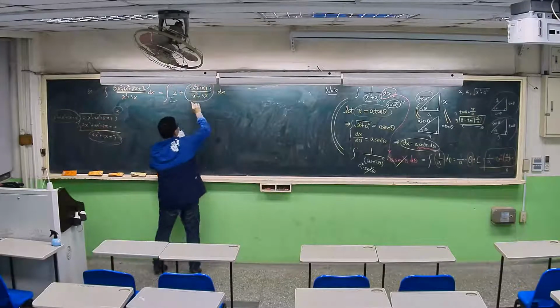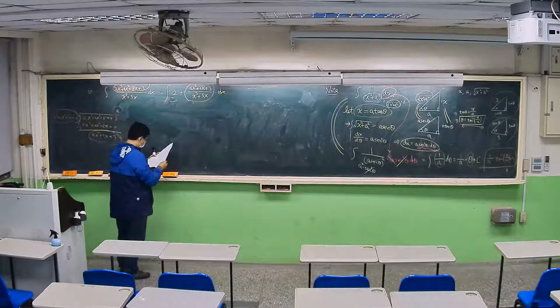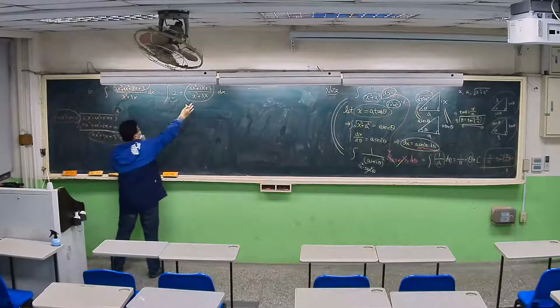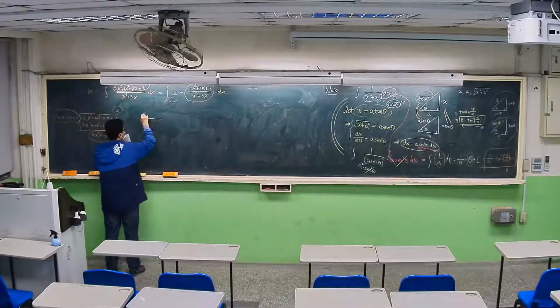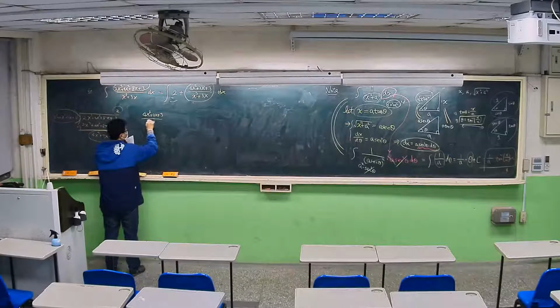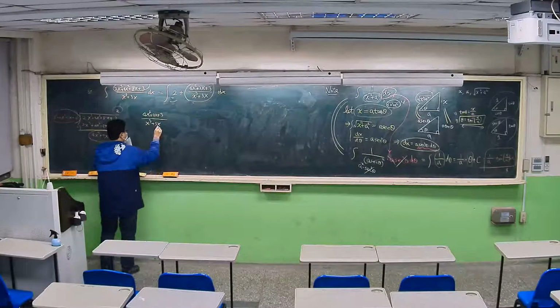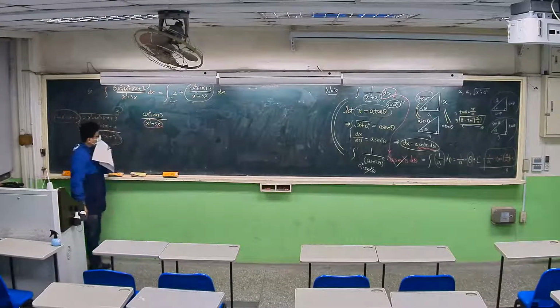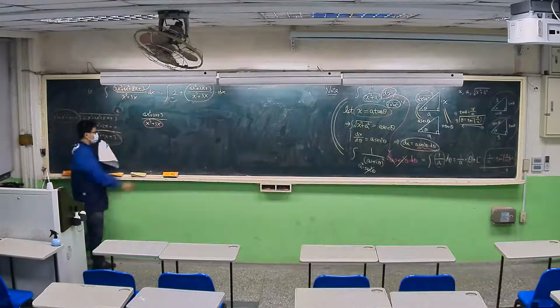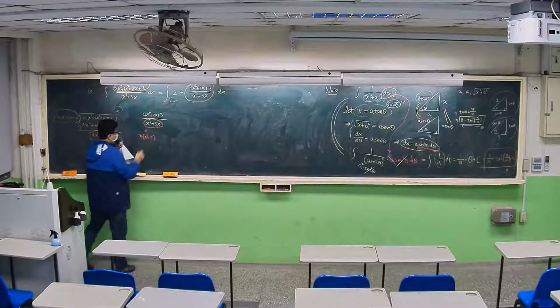Now we want to solve this term, so we focus on it. We see 4x squared plus 2x plus 3 over x cubed plus 3x. And x cubed plus 3x has a common factor x, so we take it out: it's x times x squared plus 3.